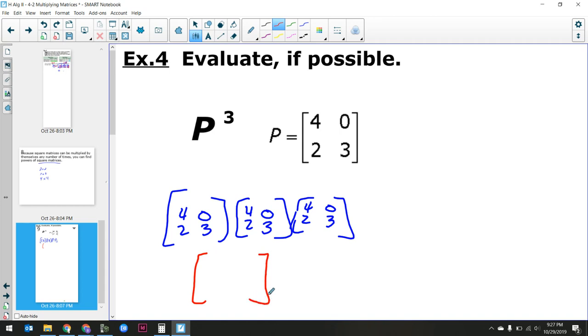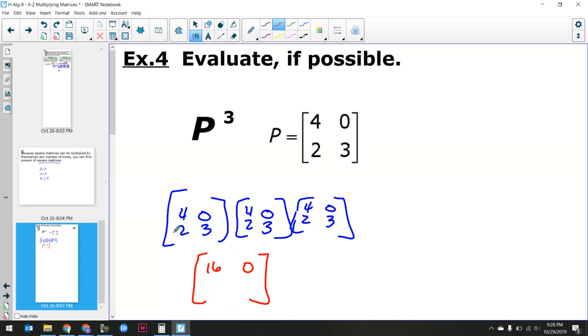What is this? Well, think about it. It's not just 16, right? You can't just multiply corresponding entries. This is row 1, column 1. This is 16 plus 0. Well, coincidentally, it does just come out to be 16, but that's coincidental because this guy's a 0. What is this? This is row 1, column 2. 4 times 0 is 0. 0 times 3 is 0.